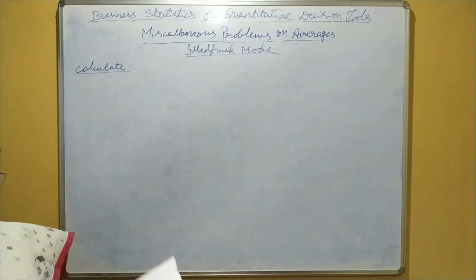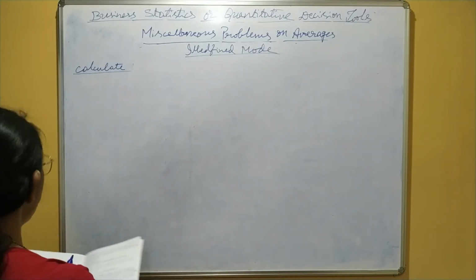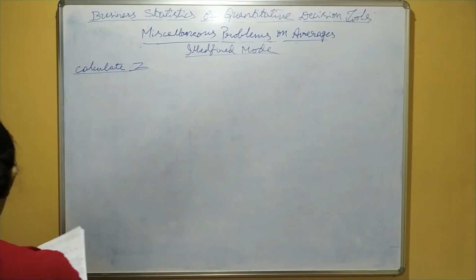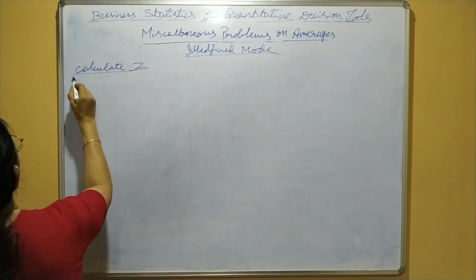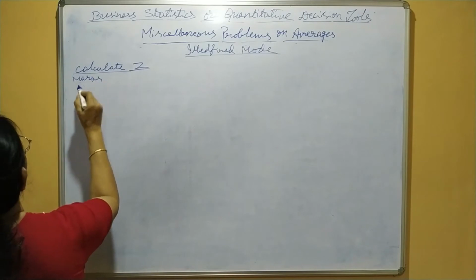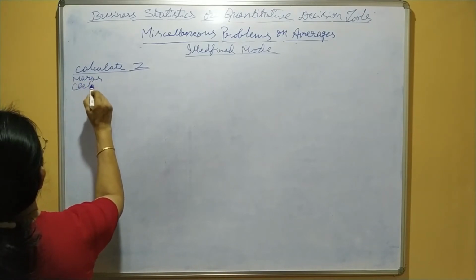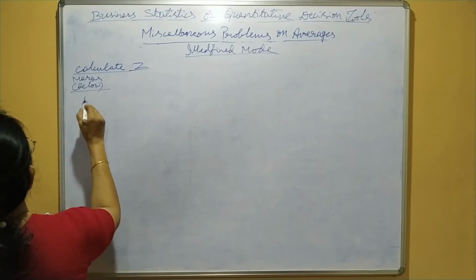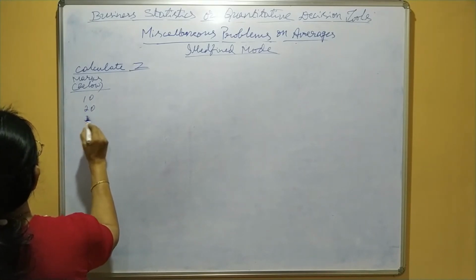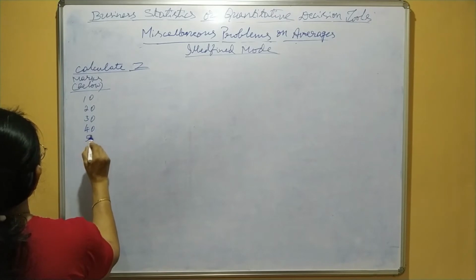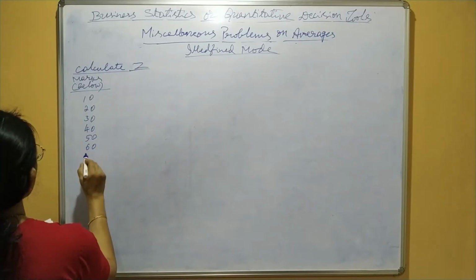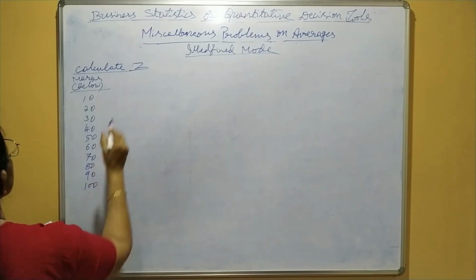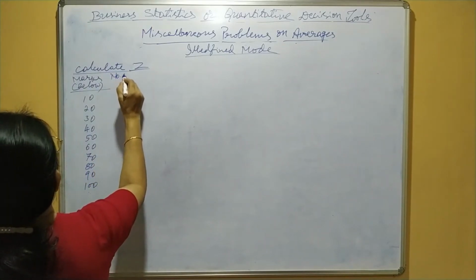Now, take the problem. Calculate mode for the following data. Here take marks below 10, 20, 30, 40, 50, 60, 70, 80, 90, 100. Number of students.